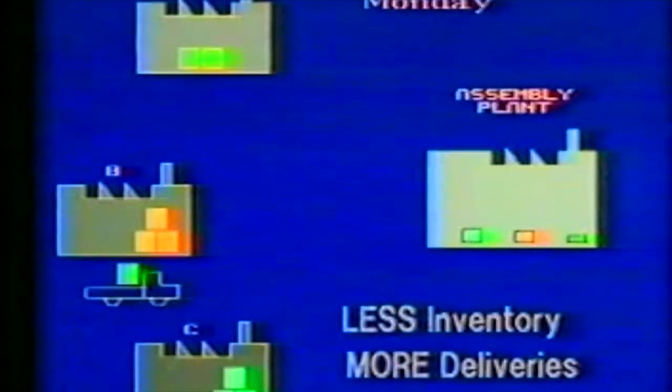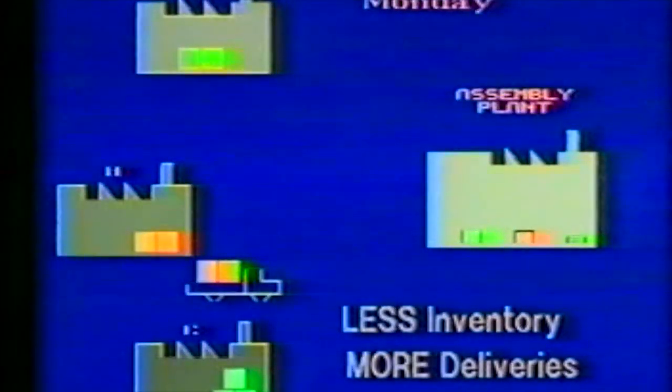Next, this shows a mixed loading arrangement. Parts are delivered more frequently, inventory levels are lower, and the entire situation is much more streamlined.